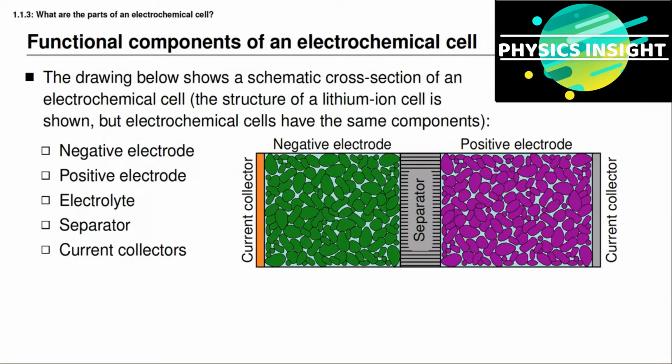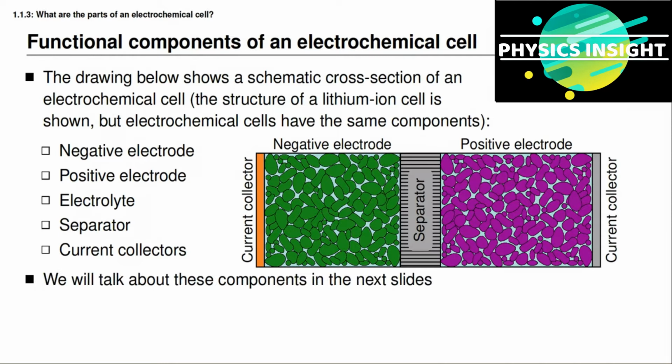So I use these colors on the diagram simply for illustration, but I will use the same color scheme throughout this specialization. Whenever you see an electrode that's colored green, that will be a negative electrode. Whenever you see an electrode that's colored purple, that will be a positive electrode. Whenever you see a current collector that's colored orange, that will be a negative electrode current collector. And finally, whenever you see a current collector that's colored gray, that will be a positive electrode current collector.